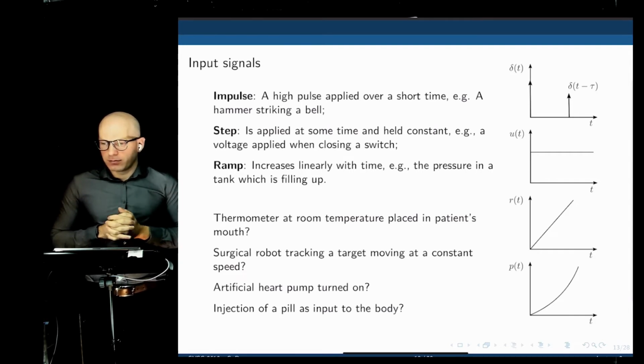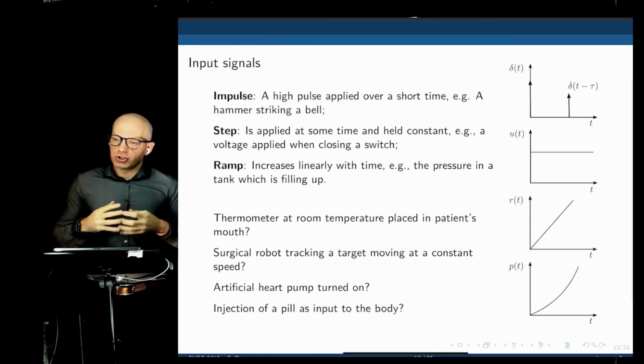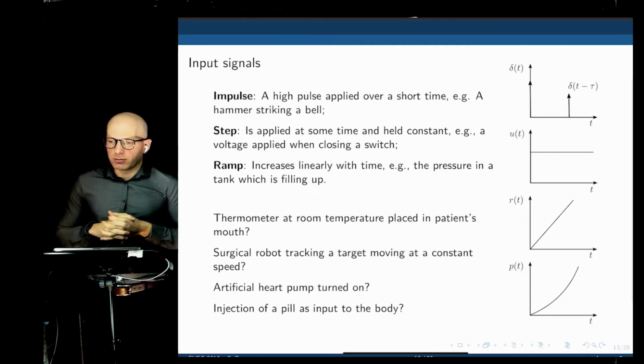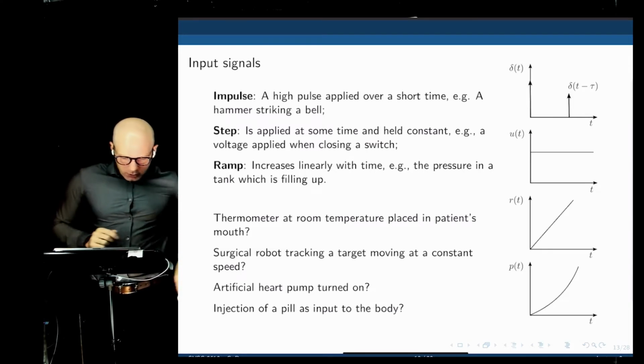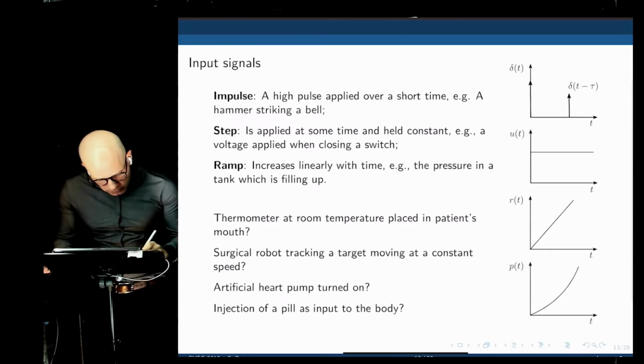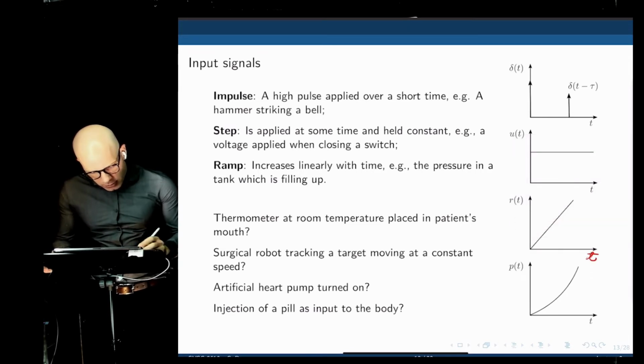But why would it be a ramp, if even when tracking the distance, it's still moving at a constant speed? The robot itself will just move at the same speed following it. From the position's perspective, it would be a ramp. Let's plot here: time here and position, it would go like that.